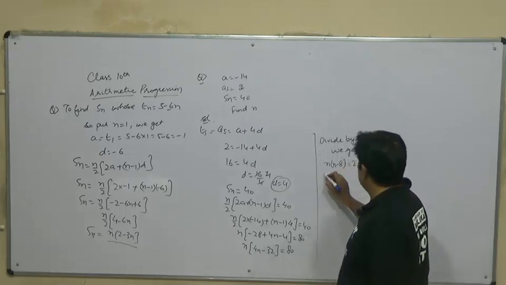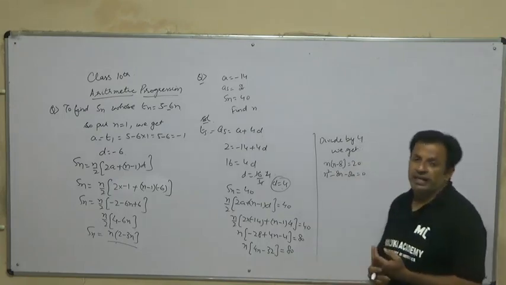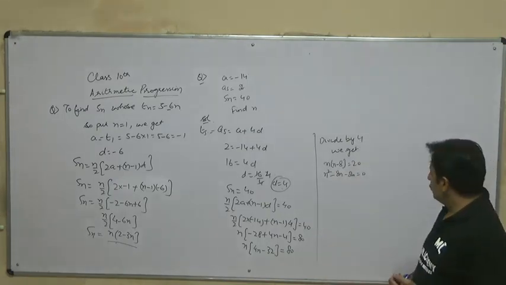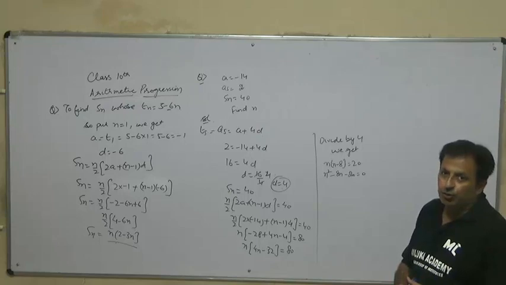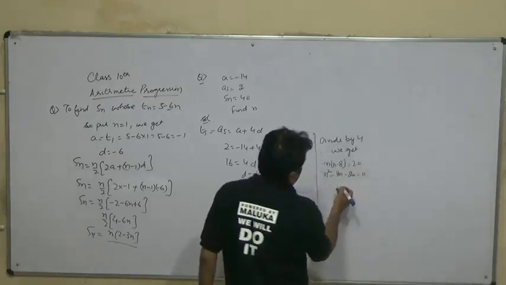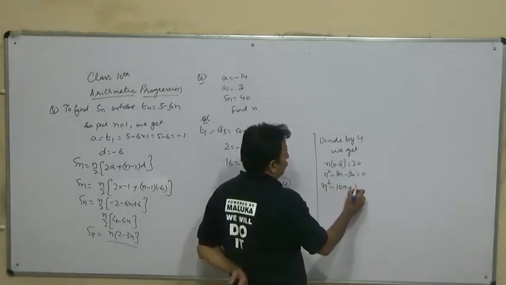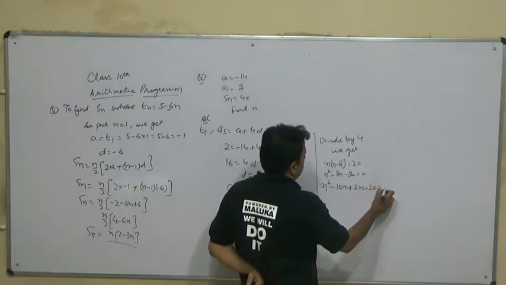Now this is n square minus 8n minus 20 is equal to 0. Now we know that 10 into 2 is 20. So we split minus 8 into minus 10 plus 2, whose product is also 20. n square minus 10n plus 2n minus 20 is equal to 0.